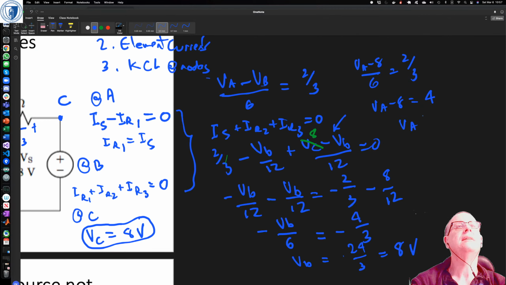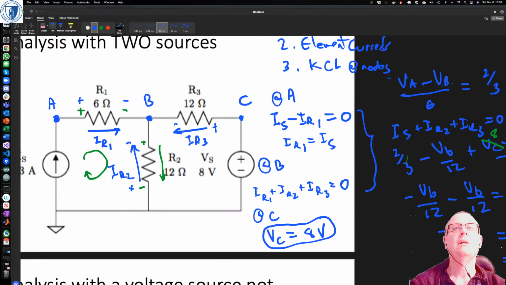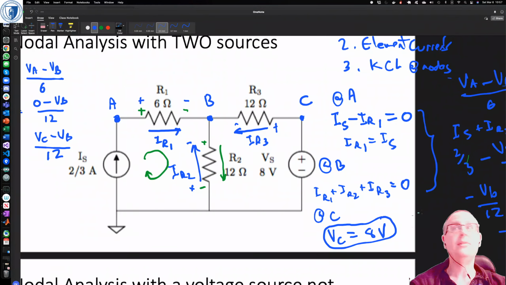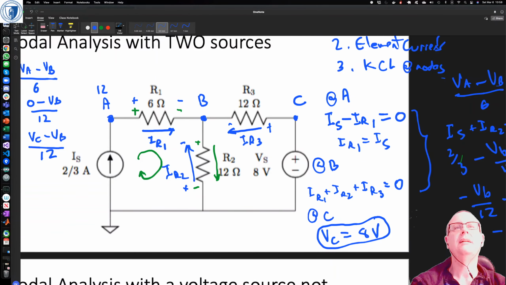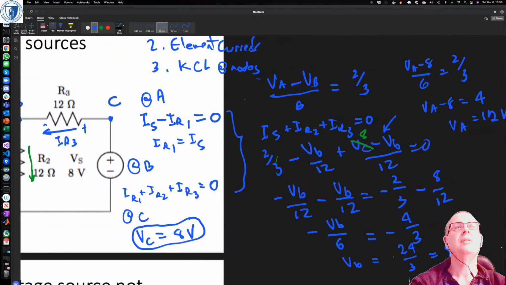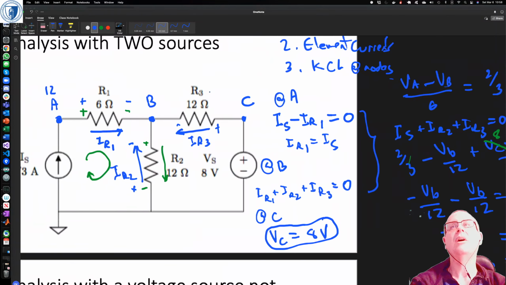Well, VA is 12 volts. Okay, so what we've got is VA is 12 volts, and both VB and VC are 8 volts.